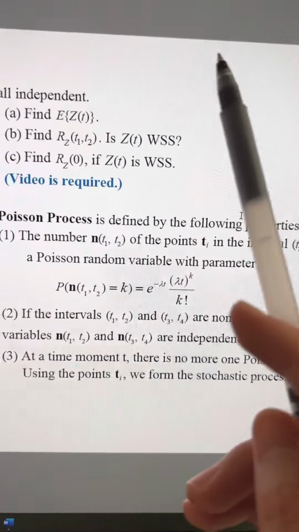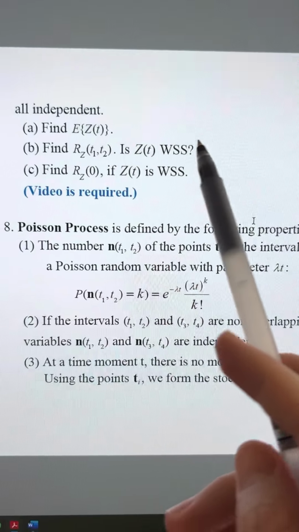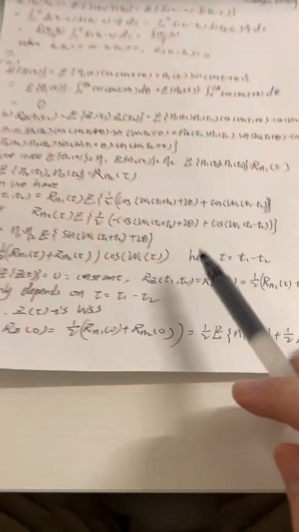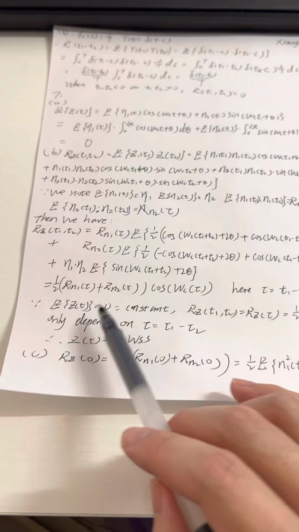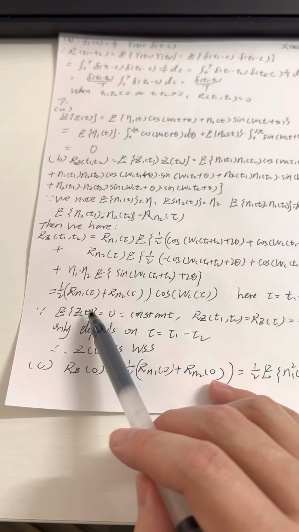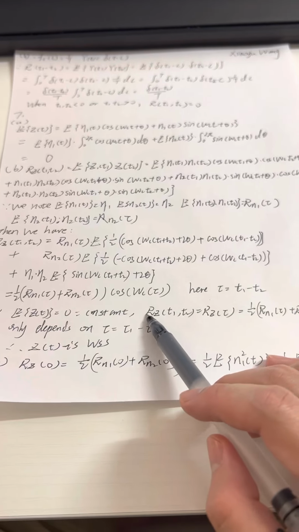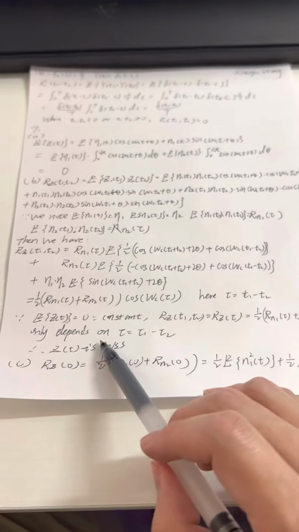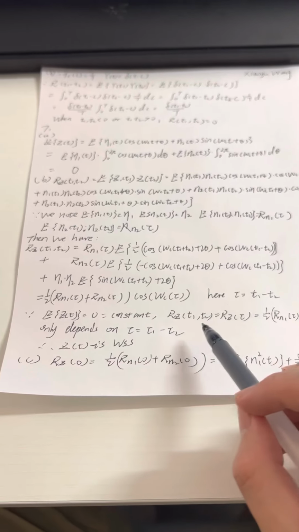Here is a question that asks us to decide whether Z(t) is wide-sense stationary. It is easy, following the definition of WSS, because the expectation of Z(t) is constant, and R_Z(t) only depends on tau equal to T1 minus T2.